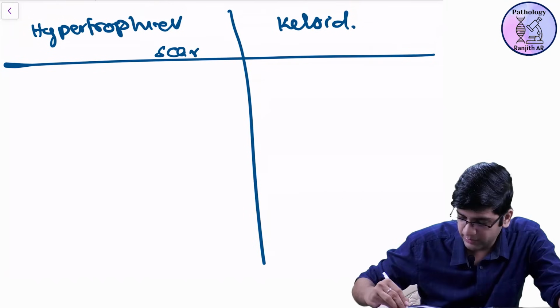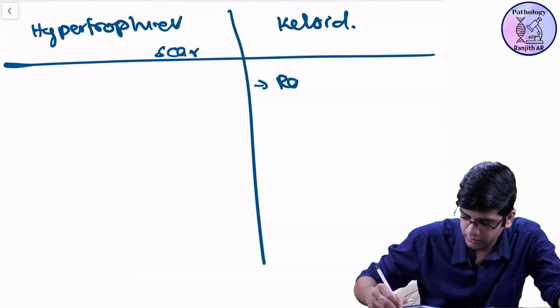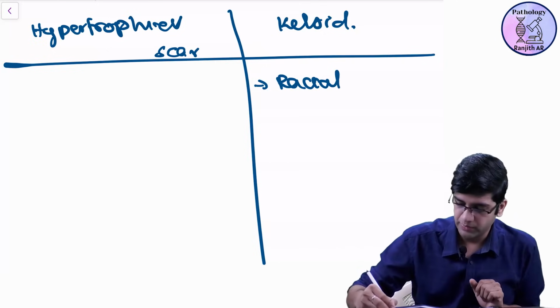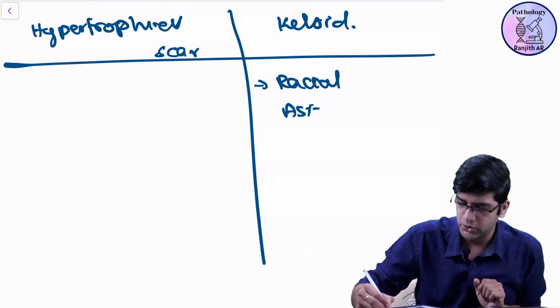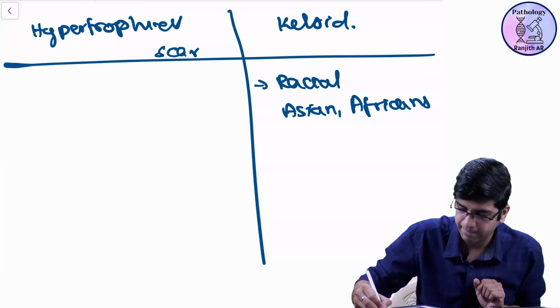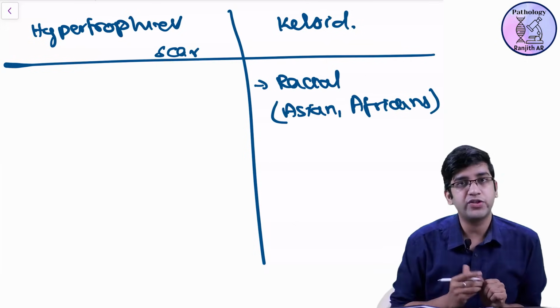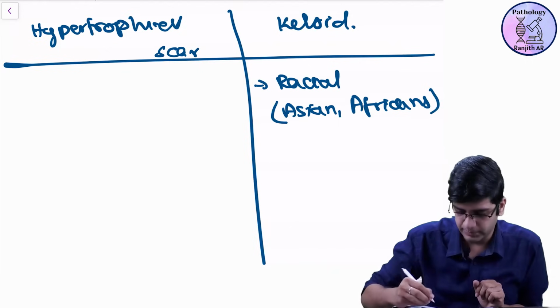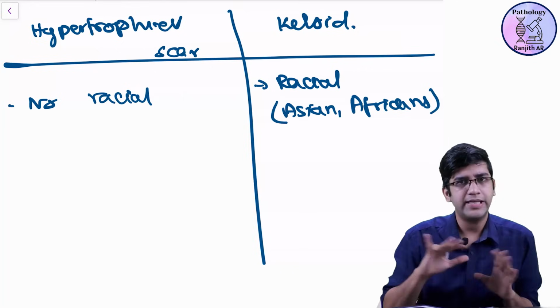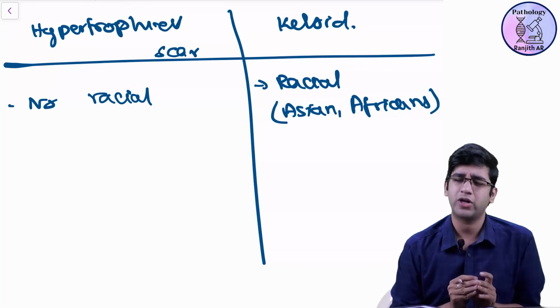Keloid has a racial predisposition. Asians and Africans have more chance of keloid formation compared to whites. Hypertrophic scar has no racial predisposition. All of them have equal chance of having a hypertrophic scar.